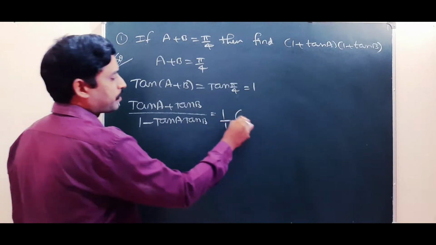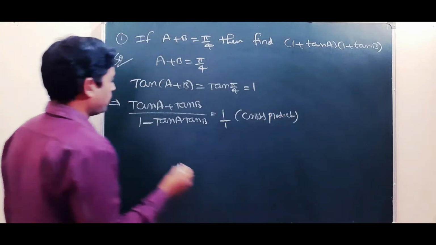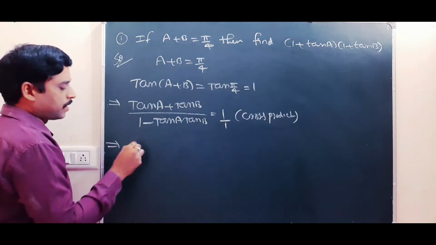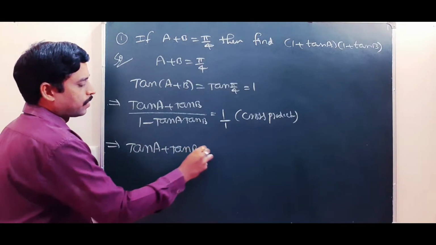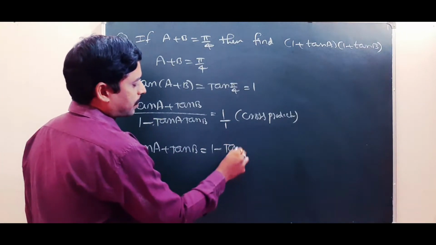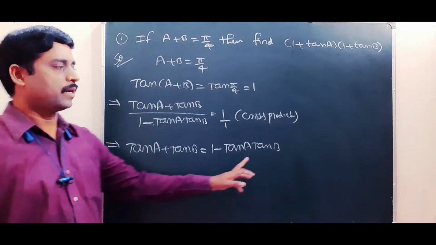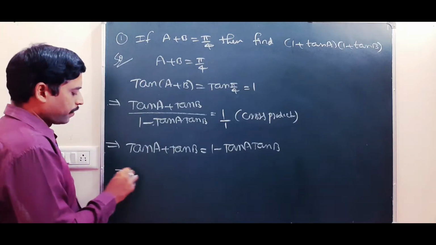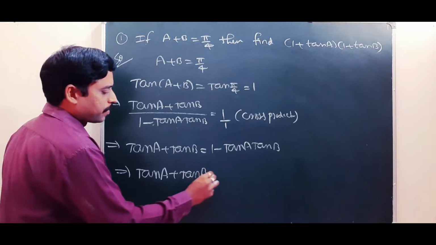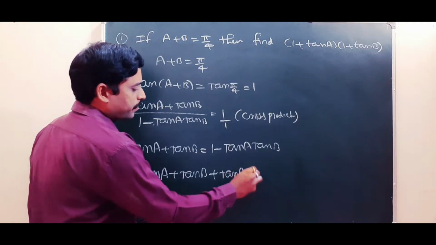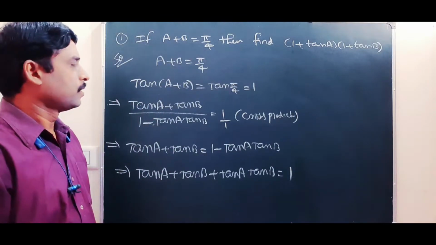So let us do cross multiplication. It is going to be tan a plus tan b equal to 1 minus tan a into tan b. Okay. This minus tan a tan b, bring to the left side. Tan a plus tan b plus tan a into tan b equal to 1.